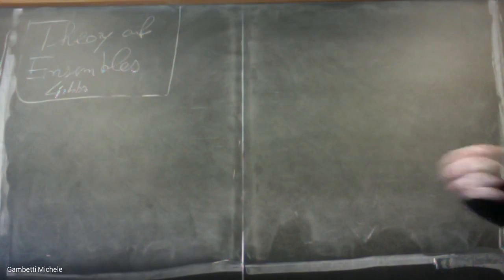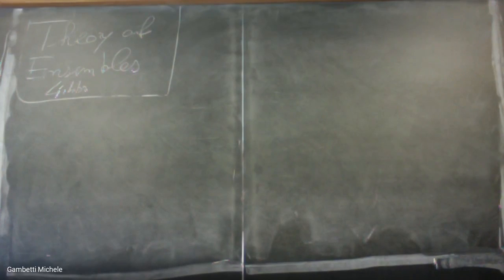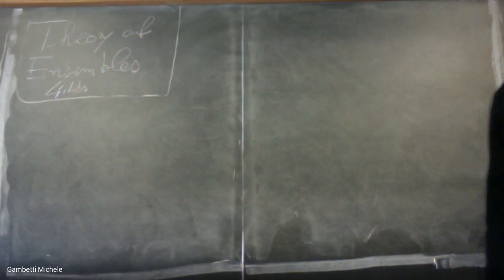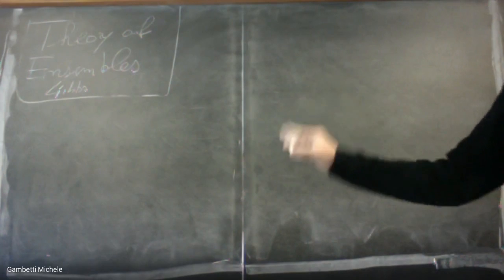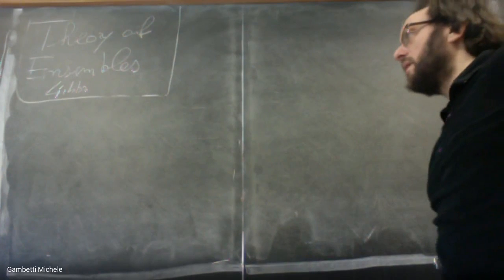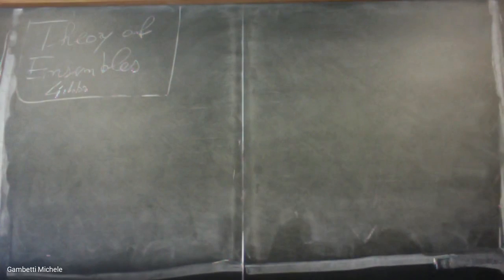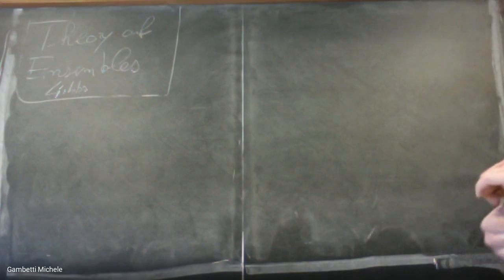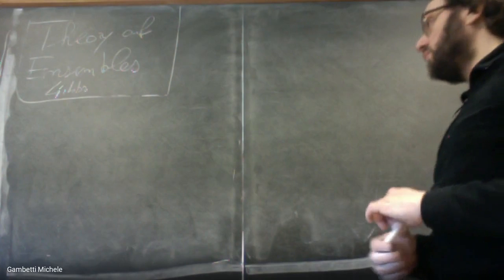Today we will start with the microcanonical ensemble that you have seen already in our, let's say, introduction to statistical mechanics, at least for a system of localized and independent particles. So here we will try to introduce the microcanonical ensemble also for particles that are free to move in a certain volume and are not localized. And the situation is more complicated. Okay? Then we will have the so-called canonical ensemble and the grand canonical ensemble that we will do later.